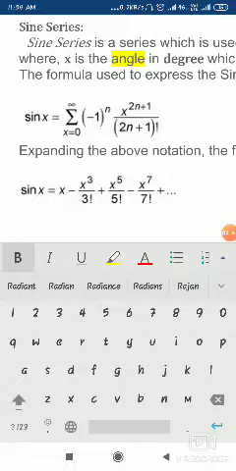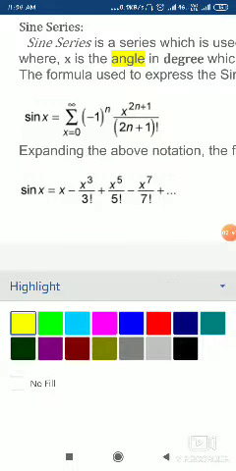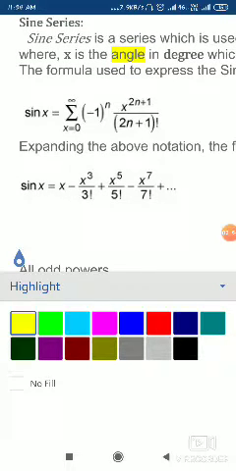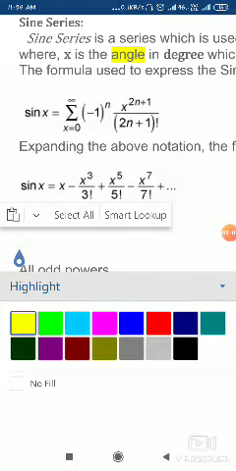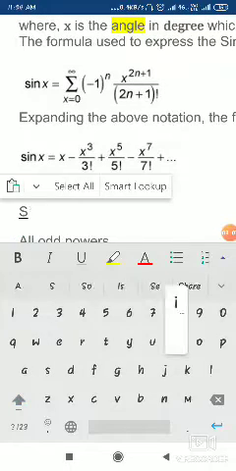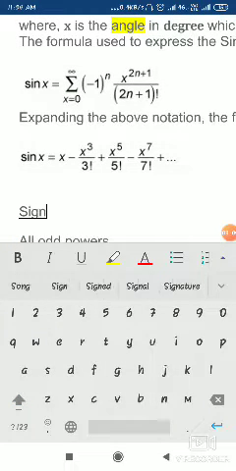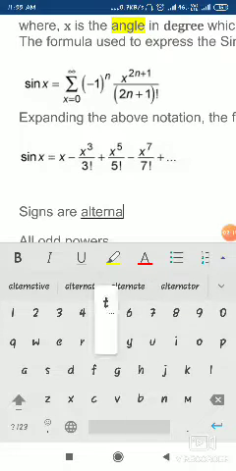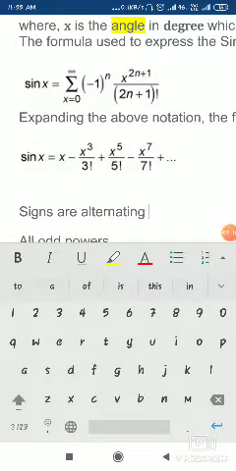Now if you are able to see, you will find the signs are alternating. After plus x there is a minus x cube divided by 3 factorial, after minus there will be plus, so signs are alternating for each term.